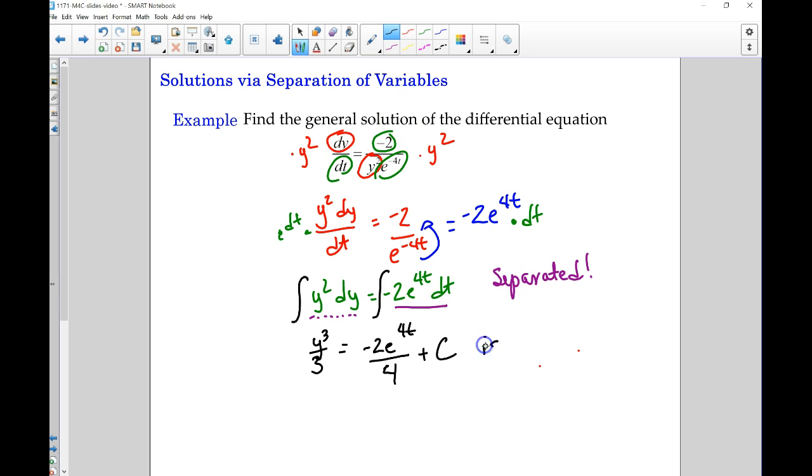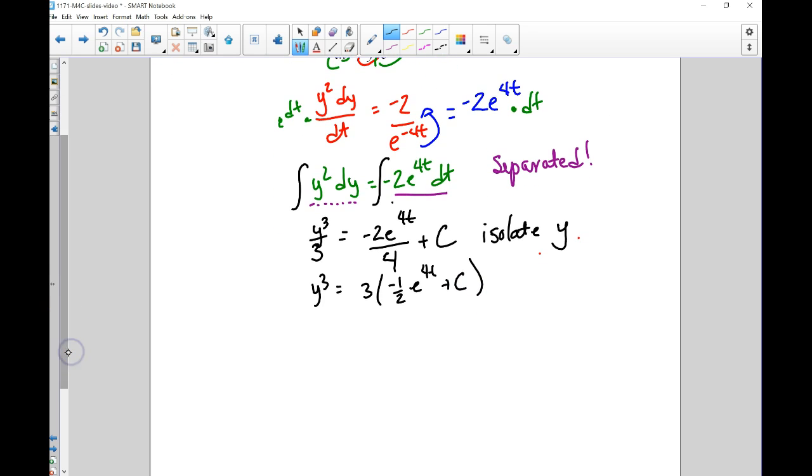Then for the solution, we always should isolate y, the dependent variable. So multiplying by 3 and reducing, I'm going to have y cubed is equal to 3 times negative 1/2 e to the 4t plus c. And then I raise each side to the 1/3 power, or cube root.